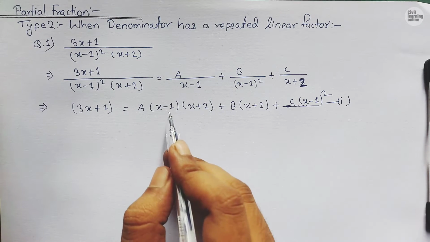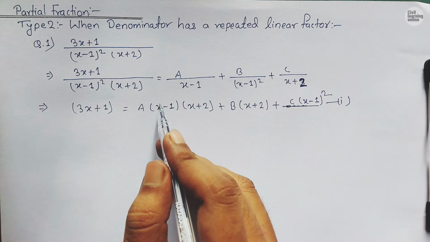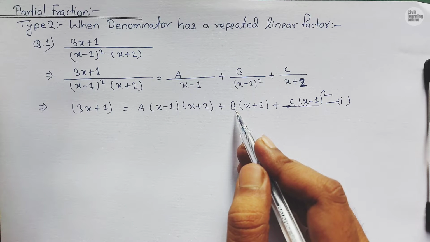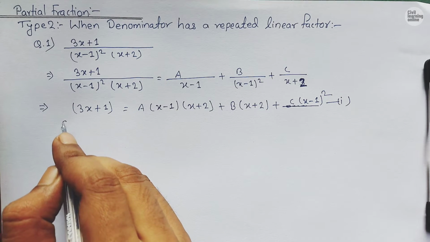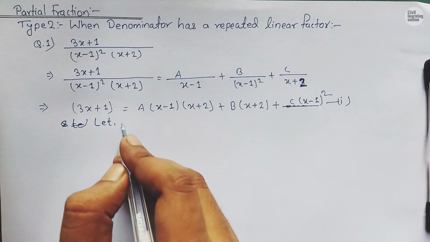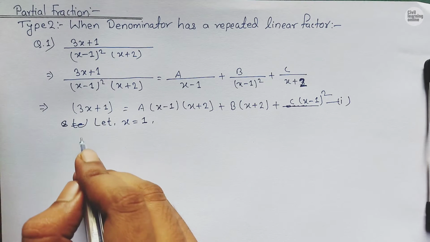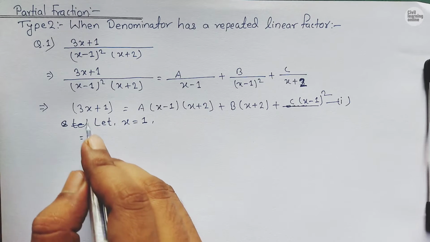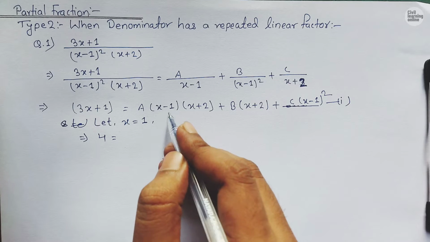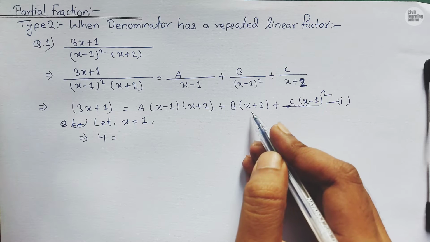Now the step will be the same. We will first put x equals 1. If we put x equals 1, then the a term and the c term will become 0, and we will be able to calculate the value of b. Let x equals 1. On the LHS we have 3 times 1, so 3 plus 1 is 4, equals 0 plus 3b plus 0, since 1 minus 1 is 0 and 1 plus 2 is 3.